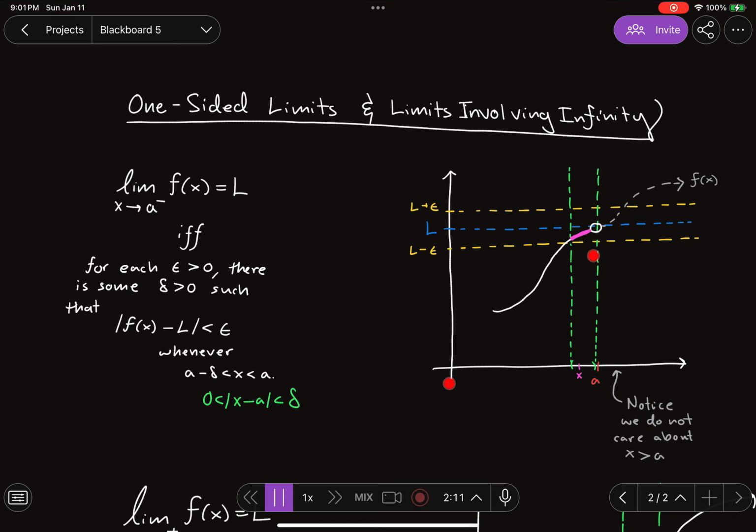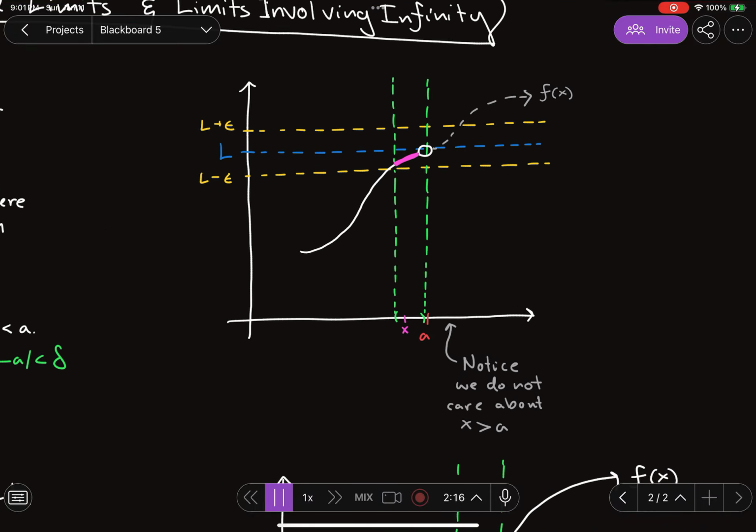I've drawn a picture over here. Notice here's our a, and here's our limit L, of course. Here's our a value. Here's epsilon away from L on the top side, epsilon away from L on the bottom side. Notice that the delta bubble, so this point right here, would be a minus delta. We only observe the x values in this little interval.